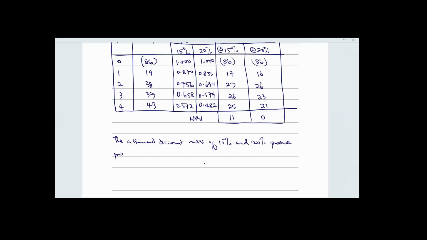the assumed discount rates of 15% and 20% produced a positive NPV, or an NPV of 11 million naira and 0 respectively.